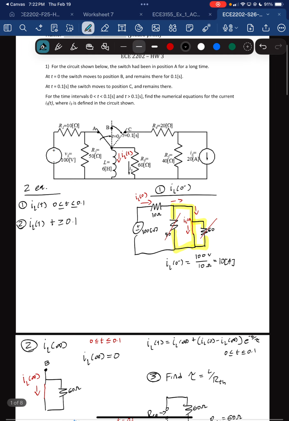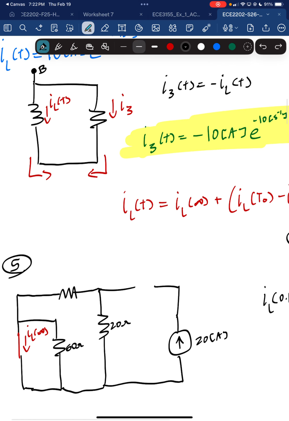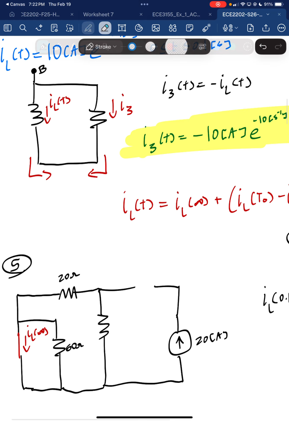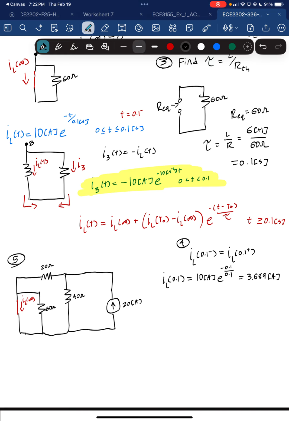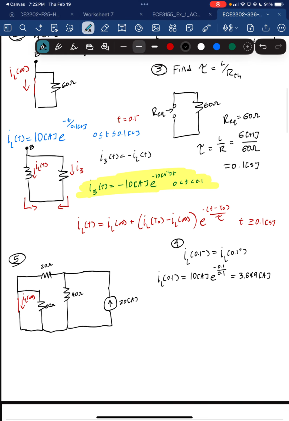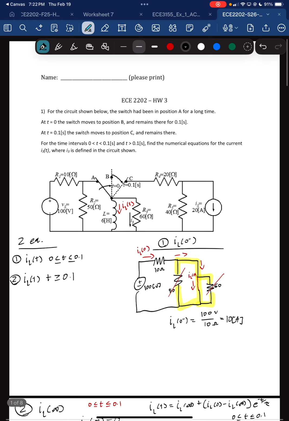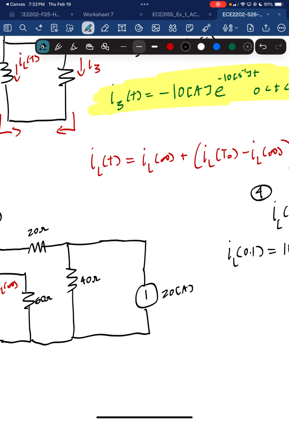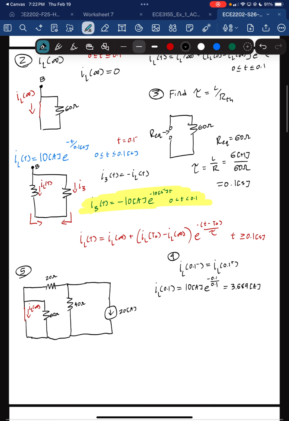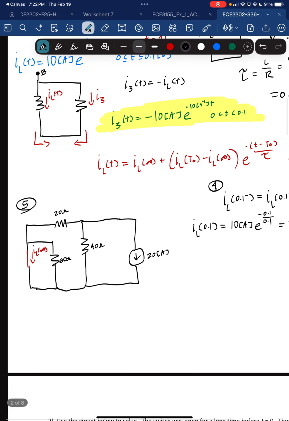Wait, no, that's 20 ohms. And that's 40 ohms. Okay. And the 20 also goes down with the amps. Oh, yeah. Thank you so much. Because now that's going to become very relevant in solving for IL infinity.